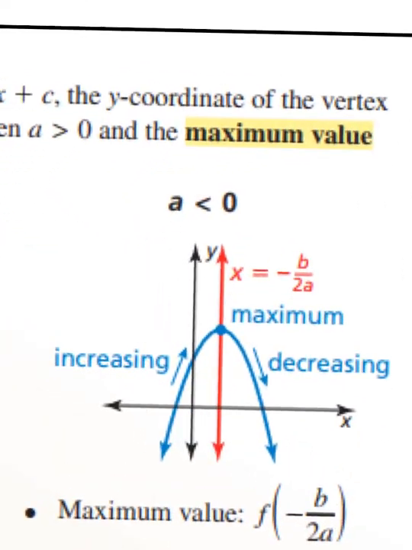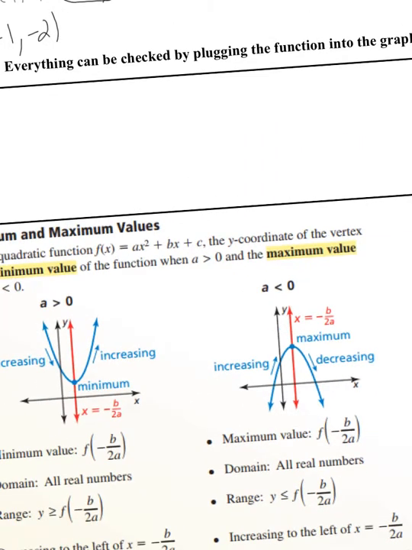If you have a negative graph, a is less than 0, so the negative a means it's opening down. That means you're going to have a maximum point because that's the highest point you have before it just goes down forever.